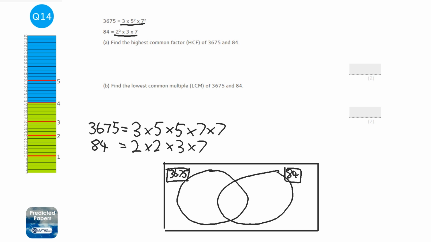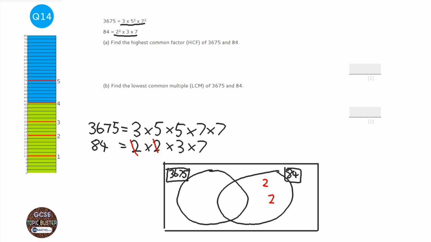And to do the Venn diagram, we're just going to go through the numbers and write out which ones overlap and which ones don't. So if I have a look at the 84 first, we've got a 2 there. Well, 2 doesn't go into 3,675, so that 2 is going to be on its own there, and this 2 here is going to be on its own. Okay, I think that's it.